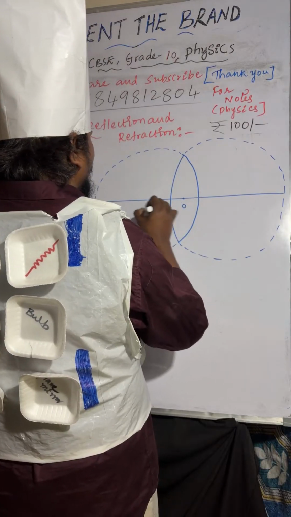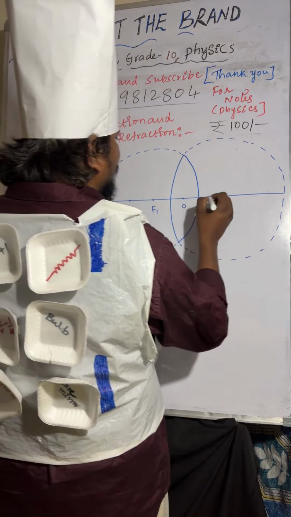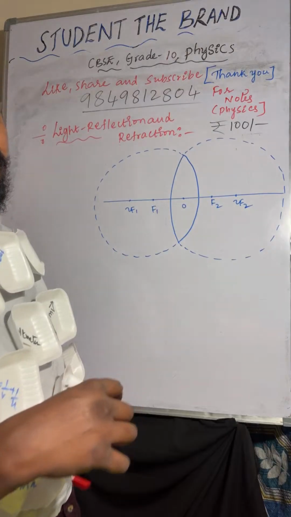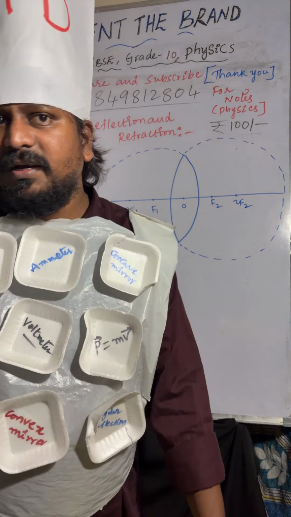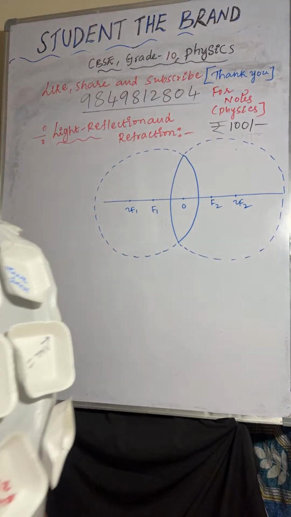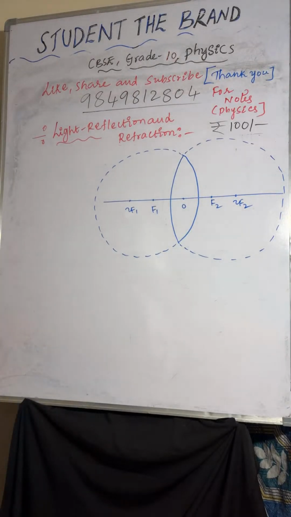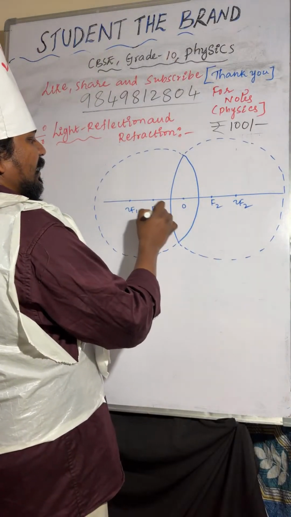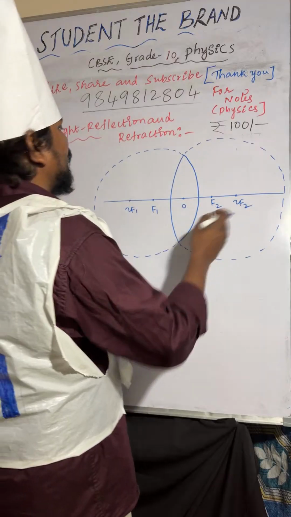Optic center, F1 to F1, F2 to F2. Here you have to understand one thing. In a convex lens, optic center, F1 to F1, F2 to F2.